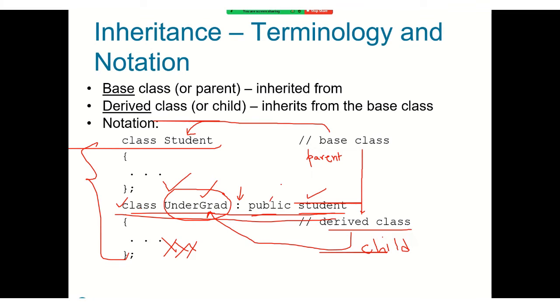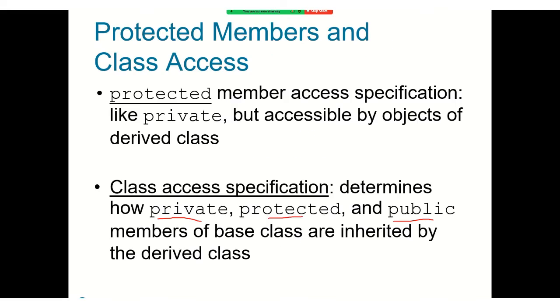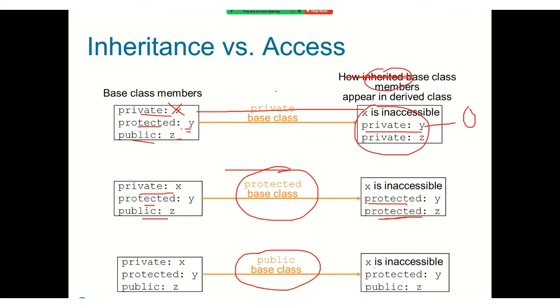You have public here. It is the property of the base class, if it is inherited. But if the base class is private or public or protected, then we expect these behaviors. If the base class is private, then everything is private here. If the base class is protected, then everything is protected.